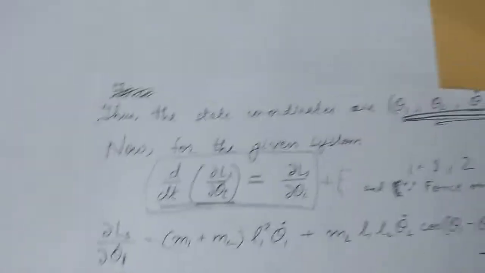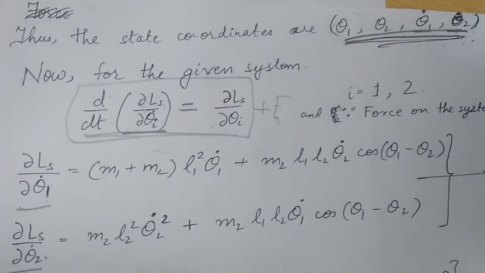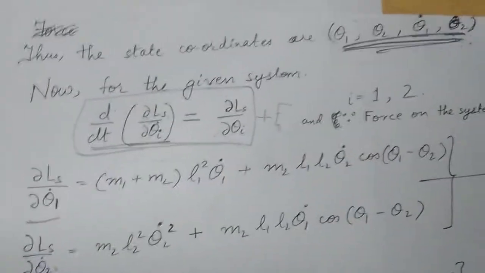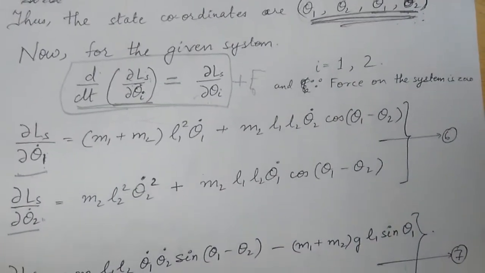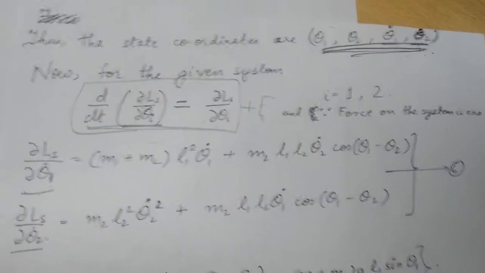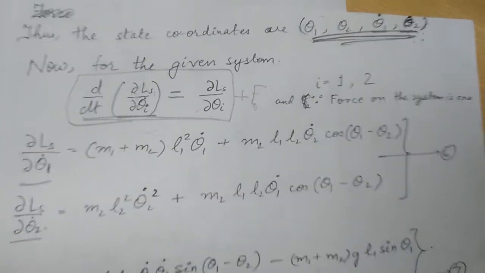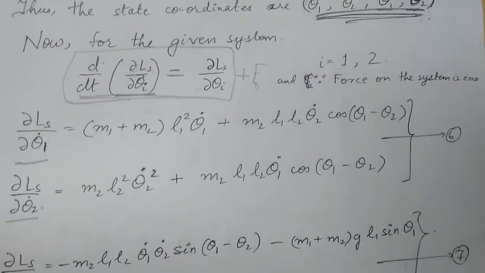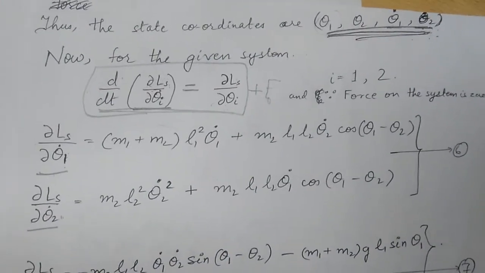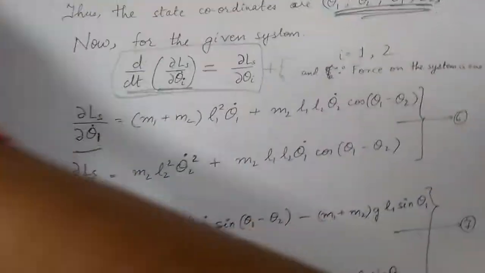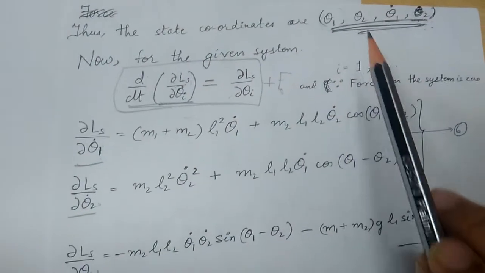The state coordinates, as you have observed there, each of these expressions depends on theta 1, theta 2, theta 1 dot and theta 2 dot. That is, they vary with these angles, given m1, m2, l1 and l2.